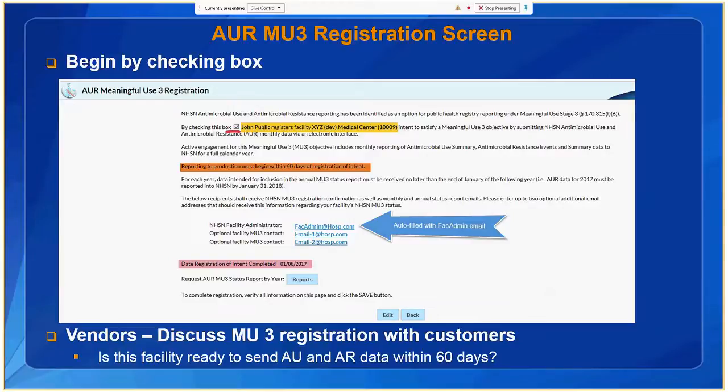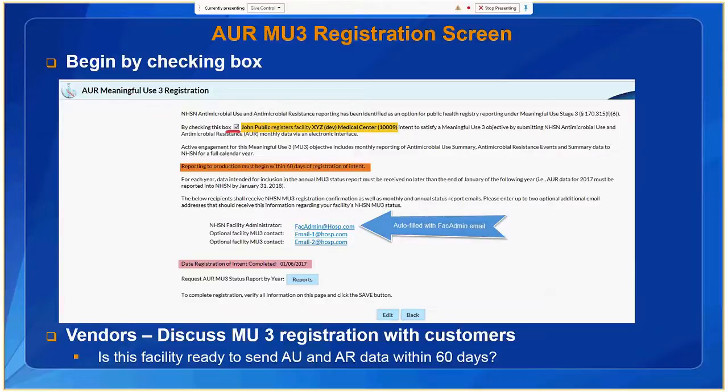You'll see the facility administrator down below. The email is auto-filled, and there are actually 2 other spaces for optional emails. What this is for is that reports will be generated and returned to the facility administrator and the users for their optional emails.